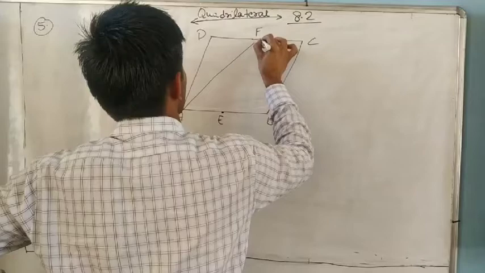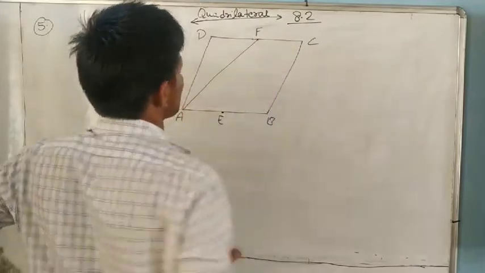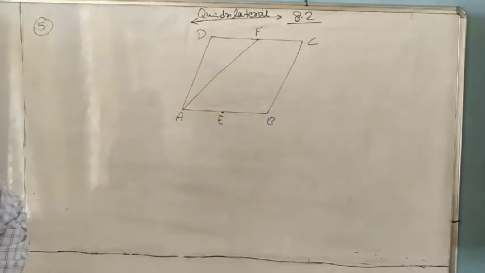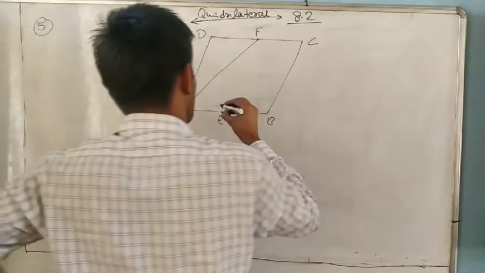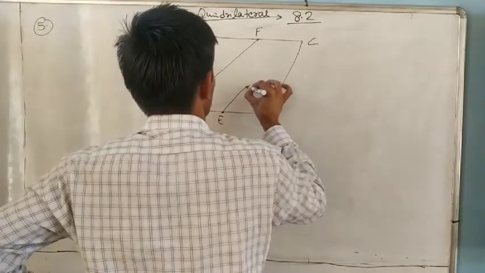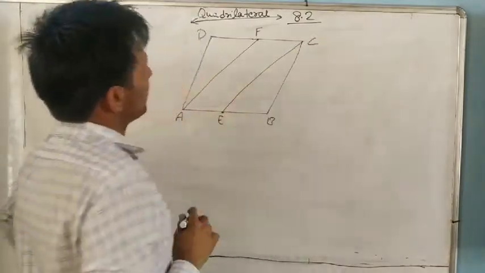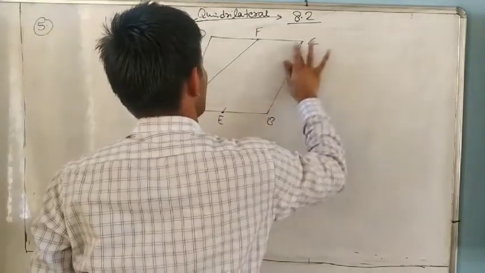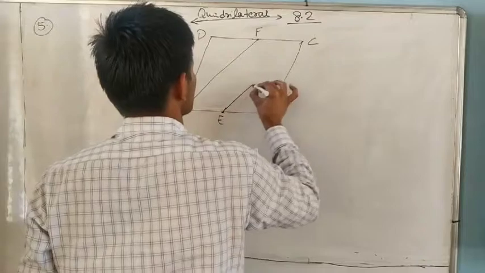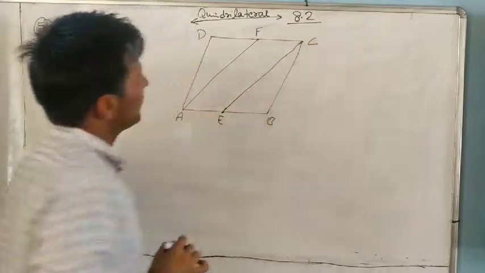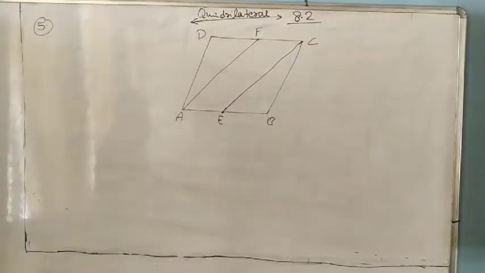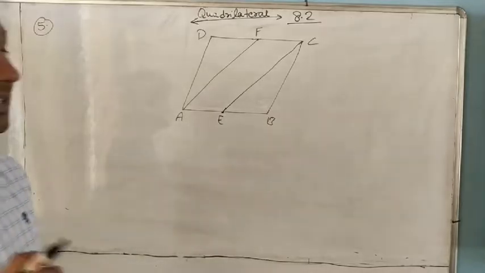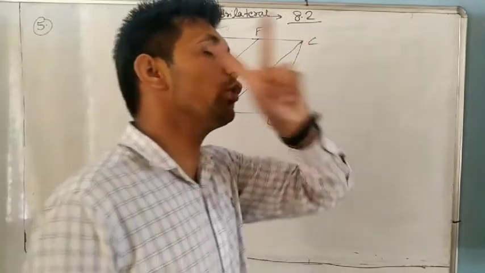AF and EC trisect the diagonal BD. Bisect means two equal parts.